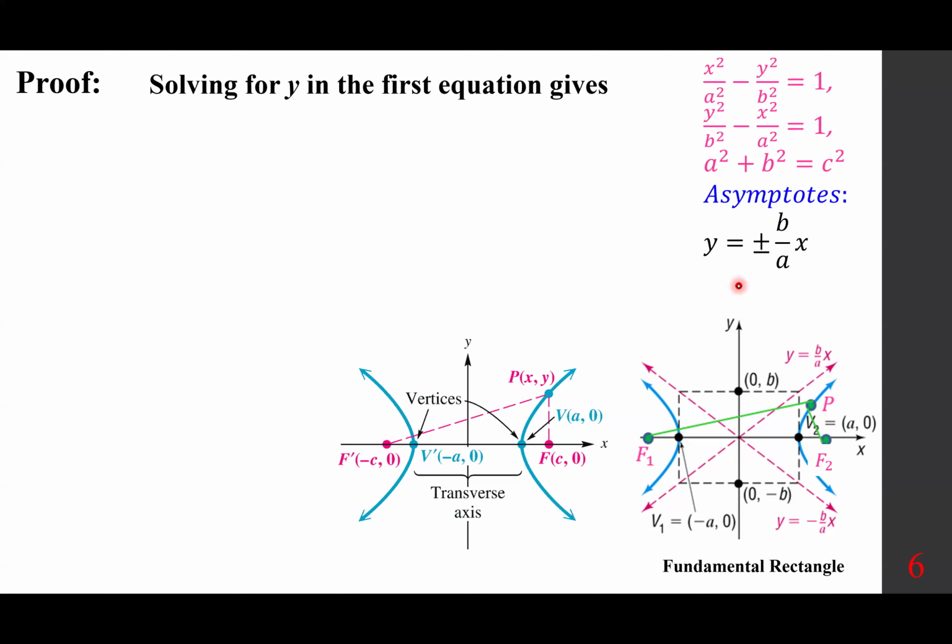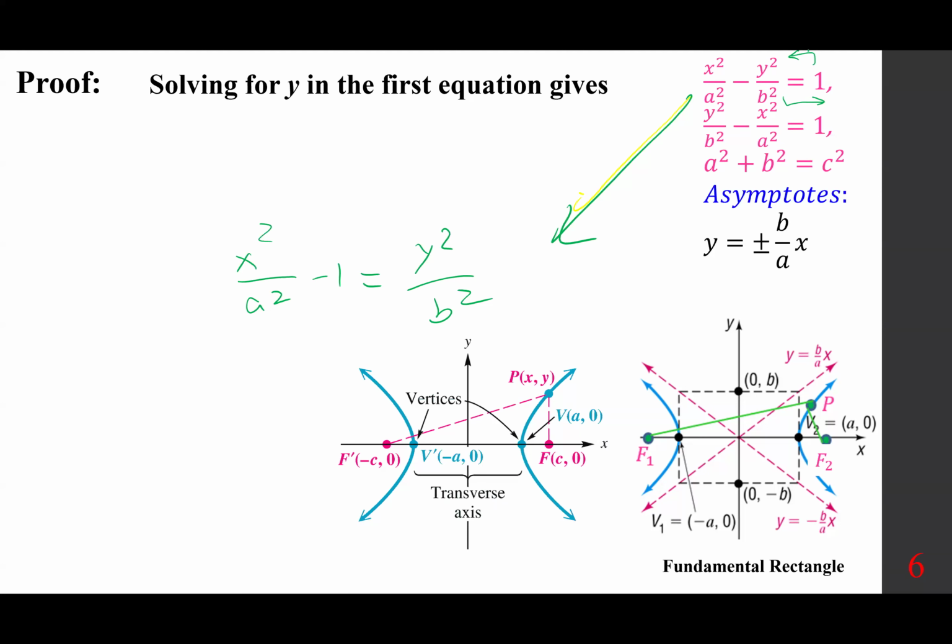If you solve for y here, you say x squared over a squared minus 1 equals y squared over b squared. In other words, you move this one to the other side.